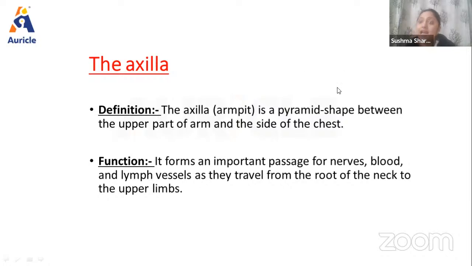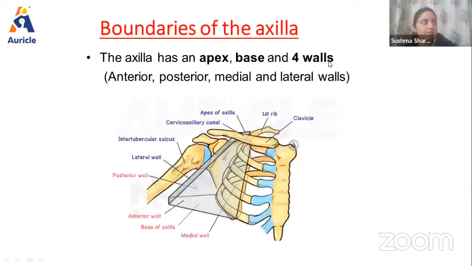So basically axilla is an important passage of nerves, blood, and lymph vessels. And you can imagine, if there is any injury to axilla, you will have major manifestations.